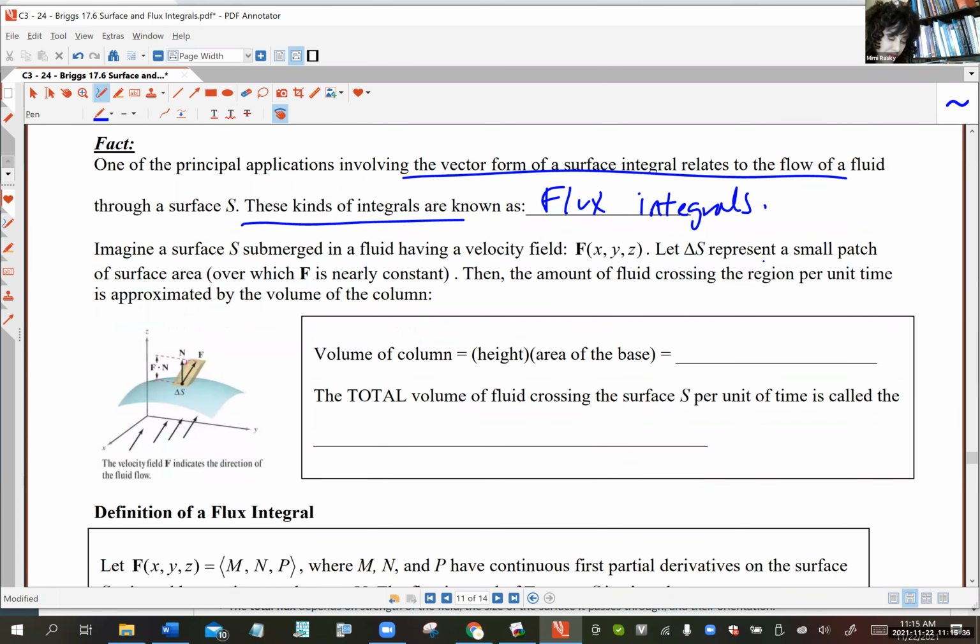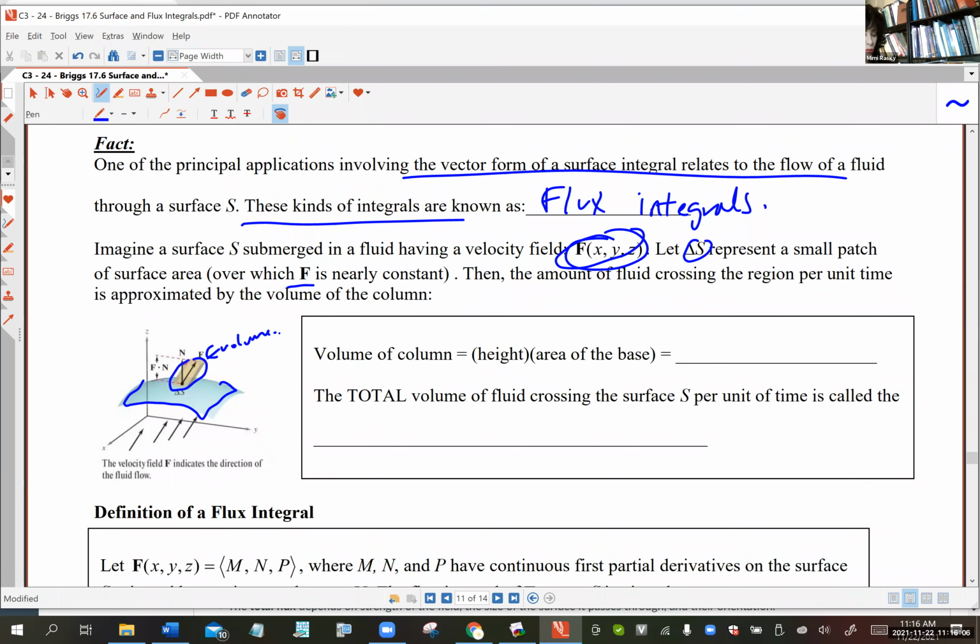So if you imagine this surface here submerged in a fluid, like a jacuzzi, and let's say you've got your velocity of all the water in the jacuzzi given by this vector field. If you pick a small little patch on your surface, delta S, over which your force field is about constant, then the amount of fluid, or bananas, crossing your region per unit time is approximated by the volume of that column.